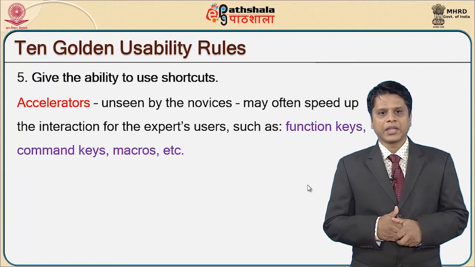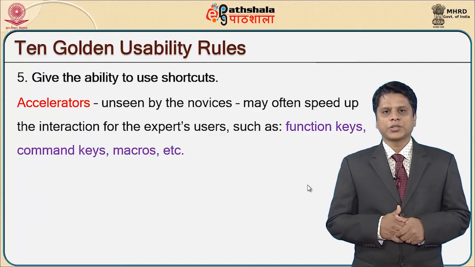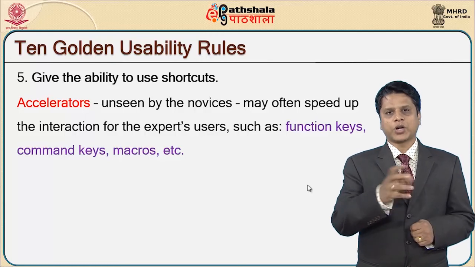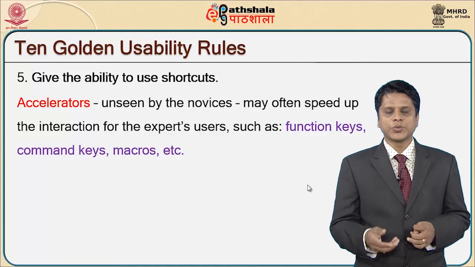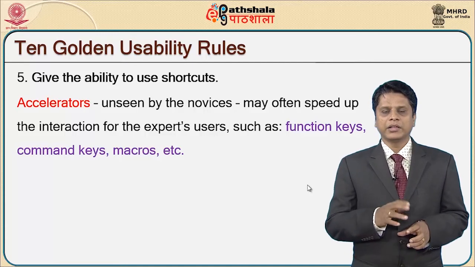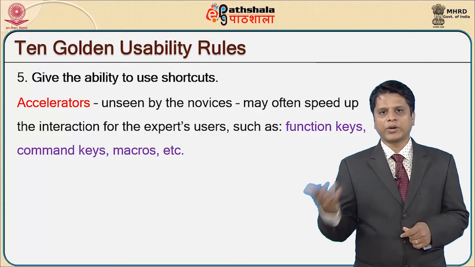Rule 5. Give the ability to use shortcuts. So there should be appropriate buttons for creating shortcuts. Say when you have used Word, to get to know more of the shortcuts, when we press the Alt key, it gives us an indication of what kind of shortcut we can use to move from one thing to the other.